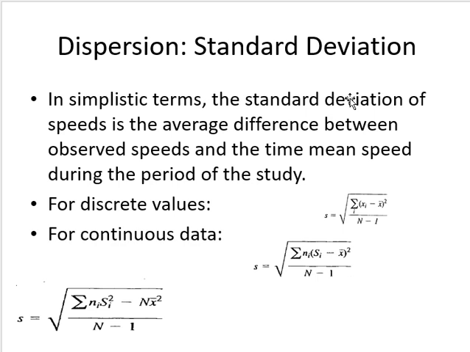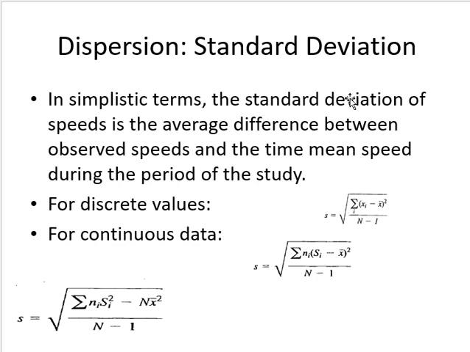What is small n? Number of vehicles for each group. What was S? Middle speed.